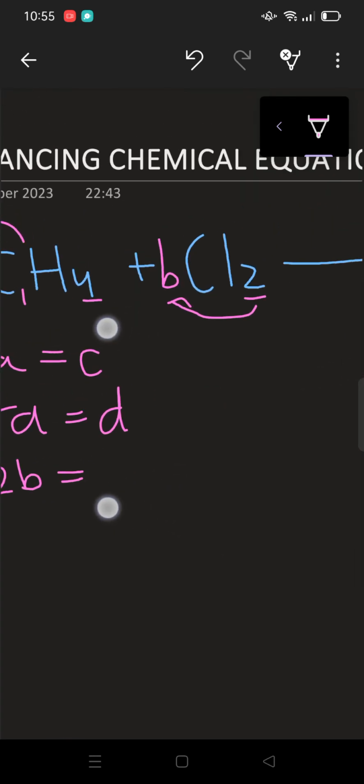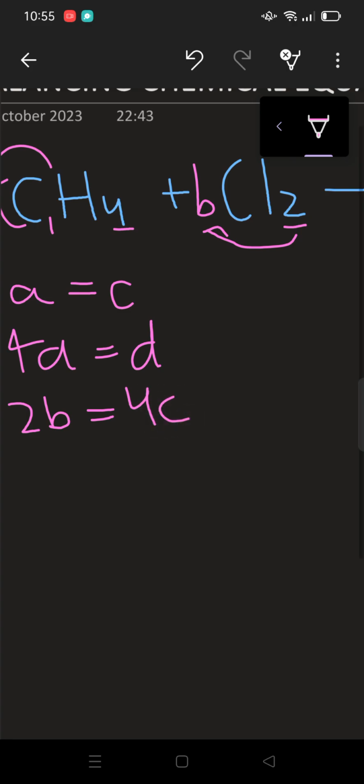So 2 atoms are here, 2 times B, 2B is equal to. Now see on the product side, chlorine, we have 4 and 4 times C, right? So 4C, and I have another chlorine as well, with the coefficient D, and chlorine is 1 here, so 1 times D. Here I'm going to put plus and 1 time D, which means D only, right?